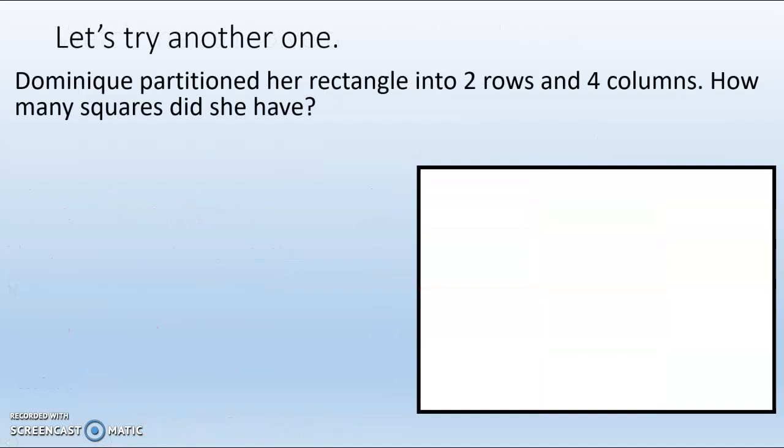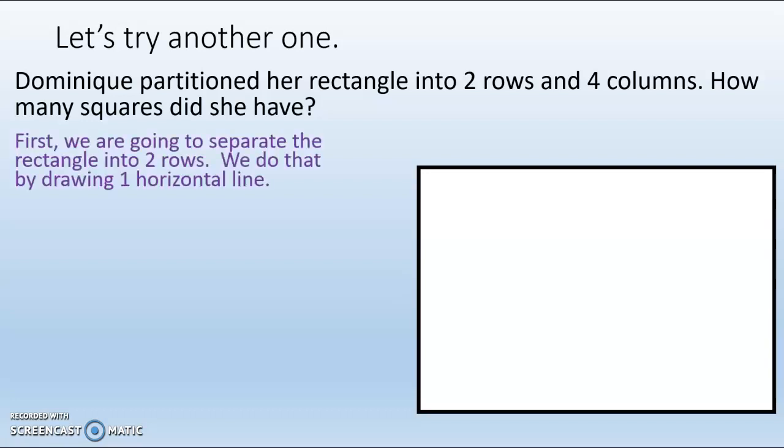Let's try another one. Dominique partitioned her rectangle into 2 rows and 4 columns. How many squares does she have? Well, again, we're going to separate the rectangle into 2 rows by drawing 1 horizontal line right here.